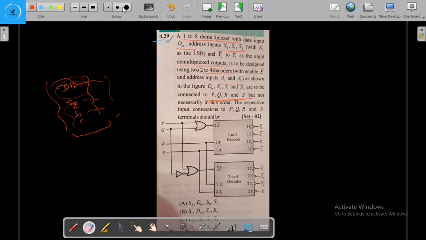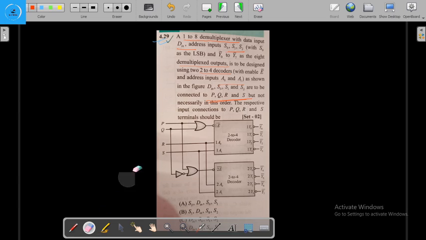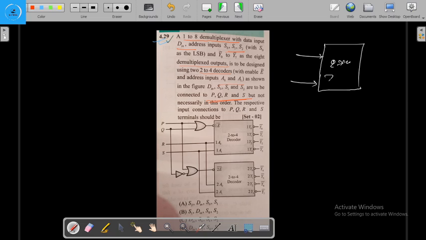Now we are going to solve the question, right? We know, for the demultiplexer, let me tell here the 2 to 4 decoder. For the 2 to 4 decoder, this is our input A and B, and this is our output D0, D1, D2 and D3, right?